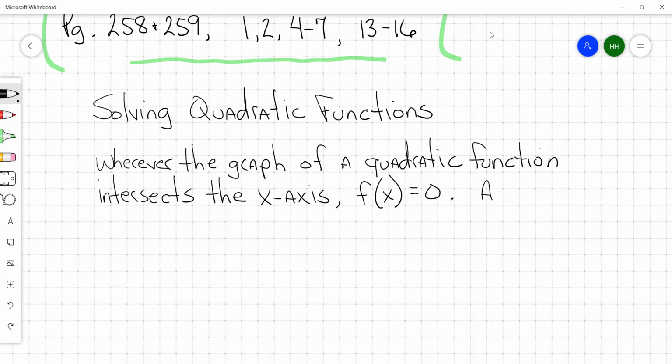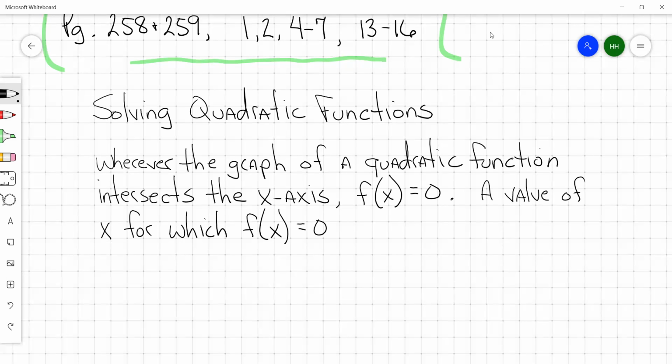A value of x for which f of x equals 0 is a 0 of the function. When you find the zeros of a function, you're finding the solutions.